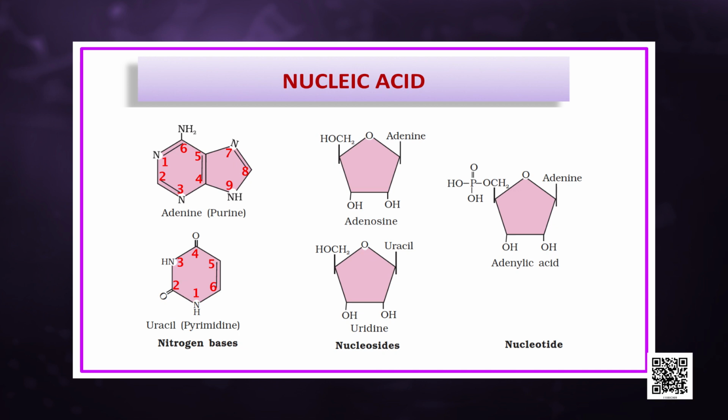A combination of a nitrogenous base with a pentose sugar is known as nucleoside. Observe the structure of adenosine shown on the screen. You can see that adenine nitrogenous base is linked with ribose sugar through glycosidic bond.